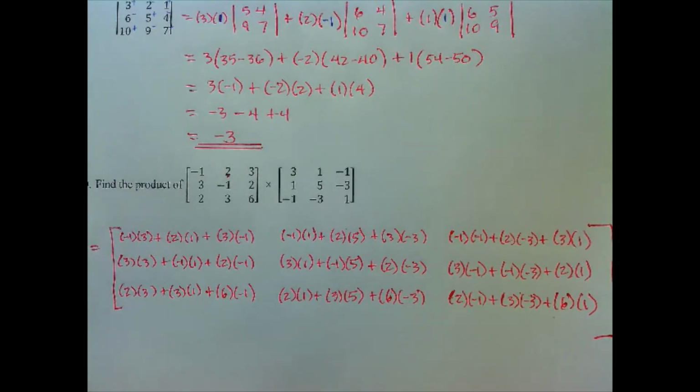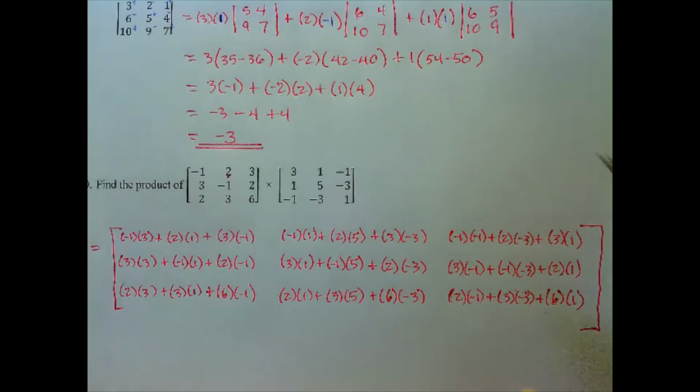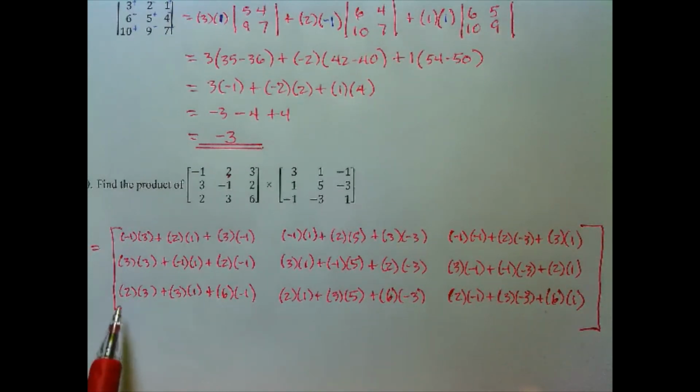And note the pattern as you're going through this, the second numbers as you go down were always the same. And as you go across, the first numbers are always the same, 2, 2, 2, 3, 3, 3, and so forth.